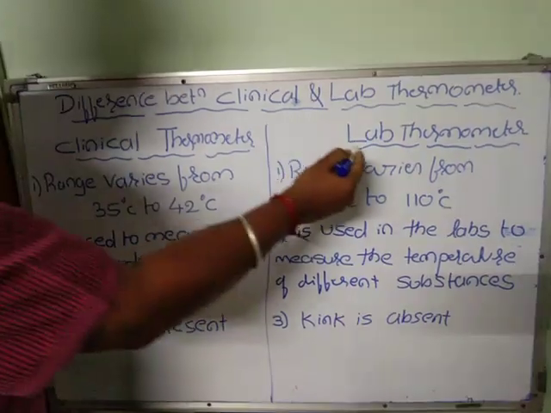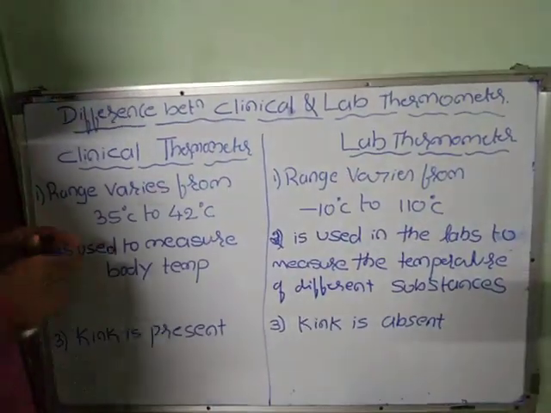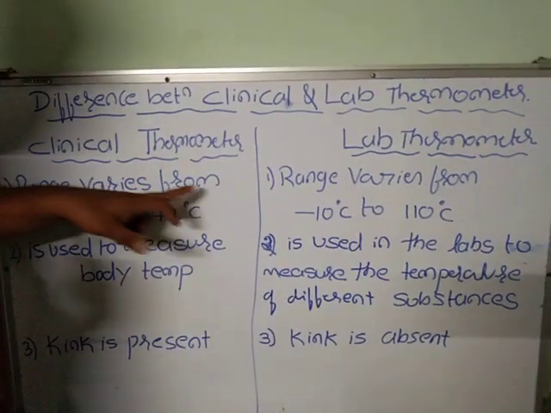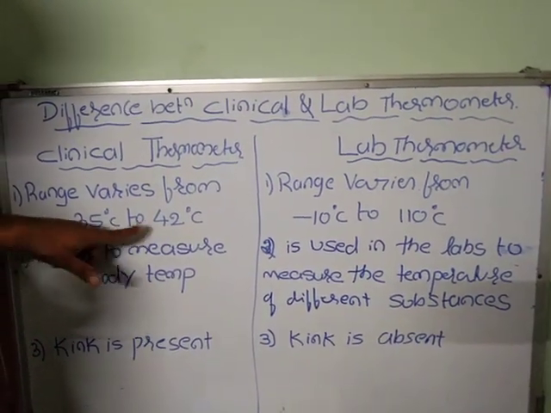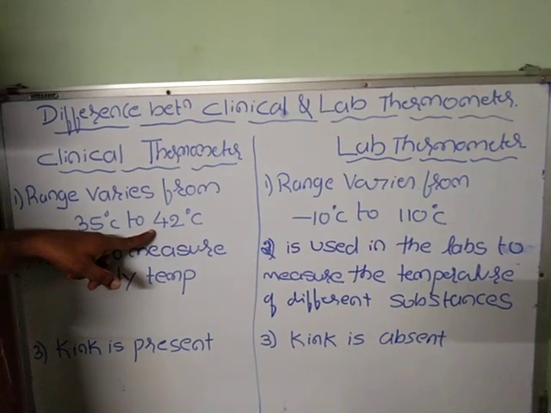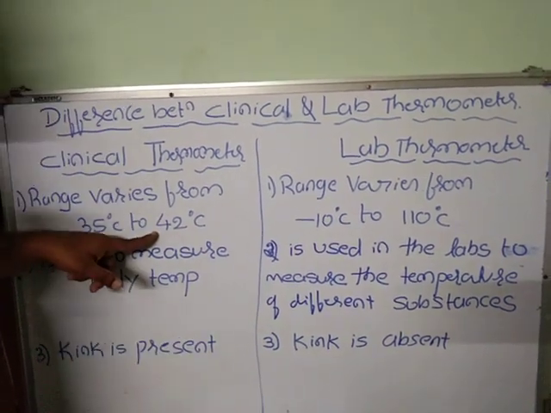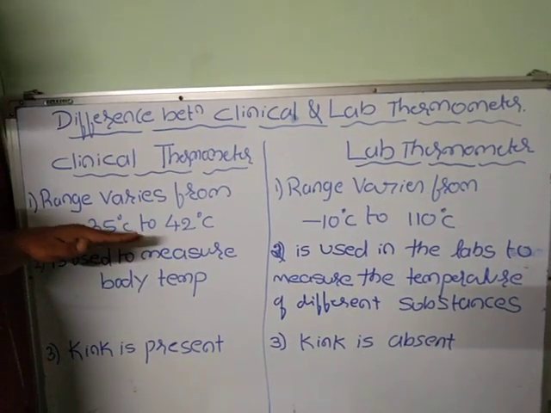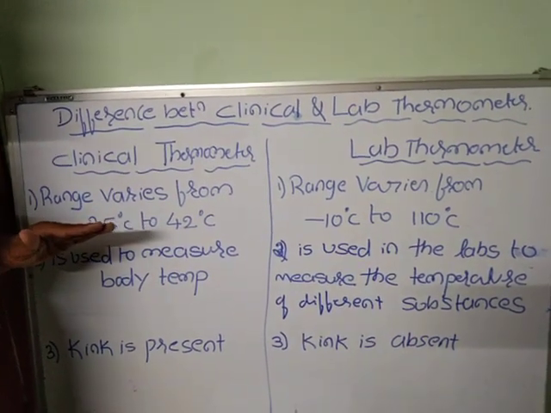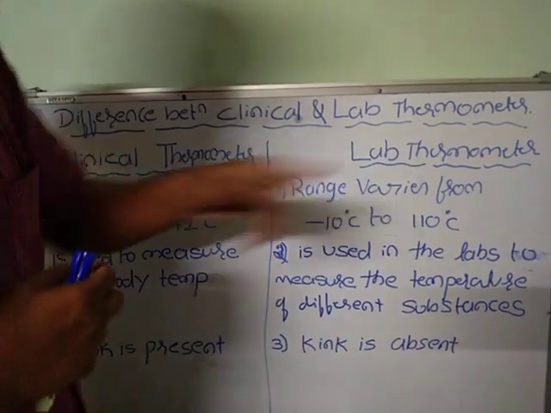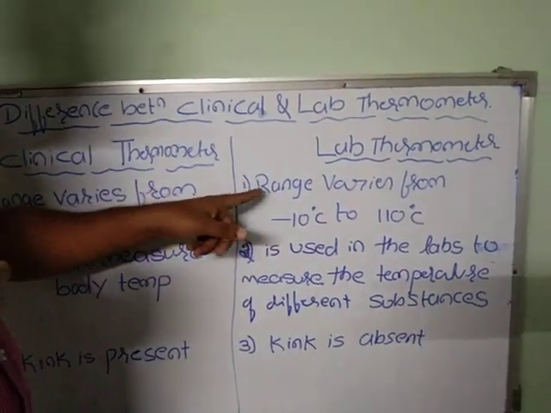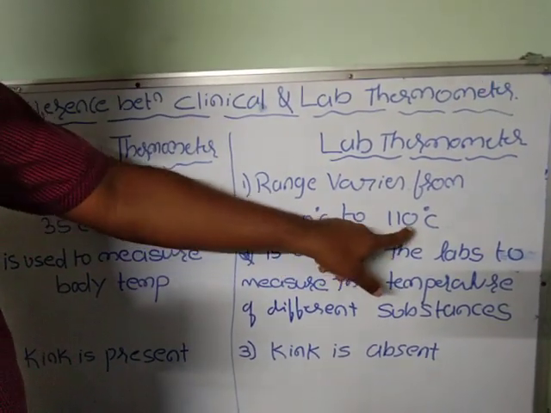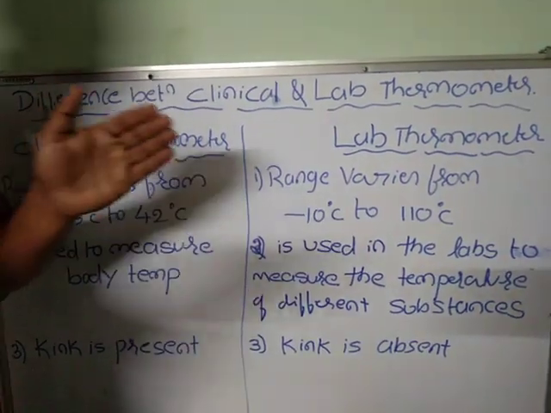First one, in clinical thermometer the range varies from 35 degrees centigrade to 42 degrees centigrade. The range is very small because it is meant to measure the temperature of human beings. Whereas in laboratory thermometer, range varies from minus 10 degrees to 110 degrees centigrade. Wide range you get.